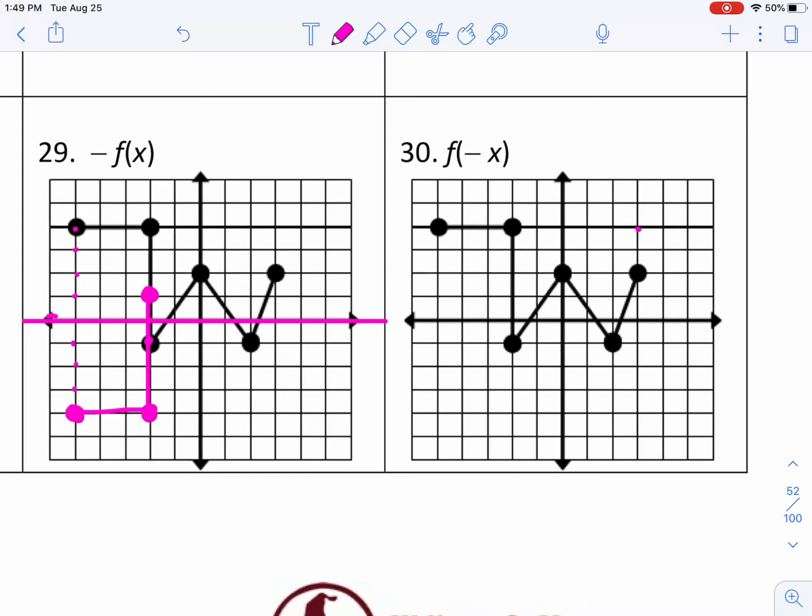Connect my lines just like they were connected before. 1, 2. 1 away, 2 away. So we're just mirroring the image. That's all we're doing.